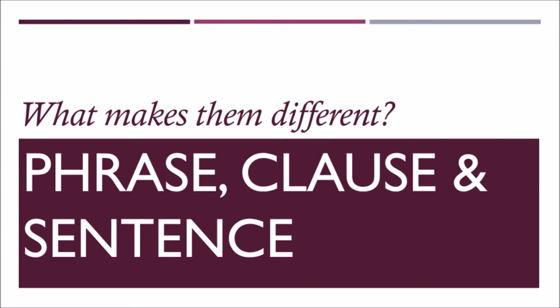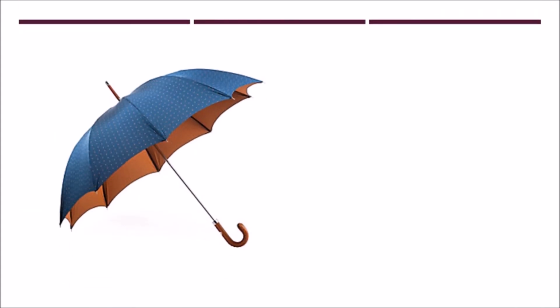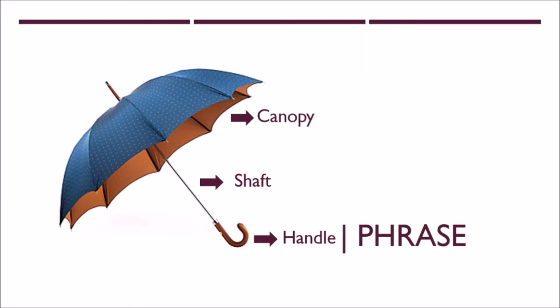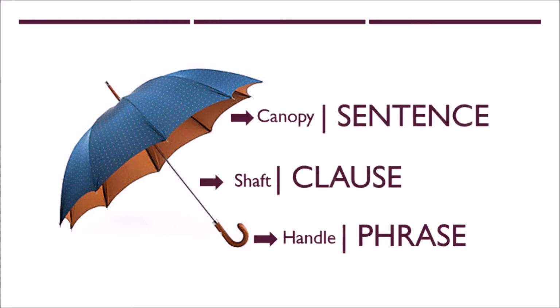Now, let's answer this question using a picture of an umbrella. We know an umbrella has three major parts: the handle, the shaft, and the canopy. Now, let the handle represent the phrase, the shaft be the clause, and the canopy the sentence. Look at our canopy.